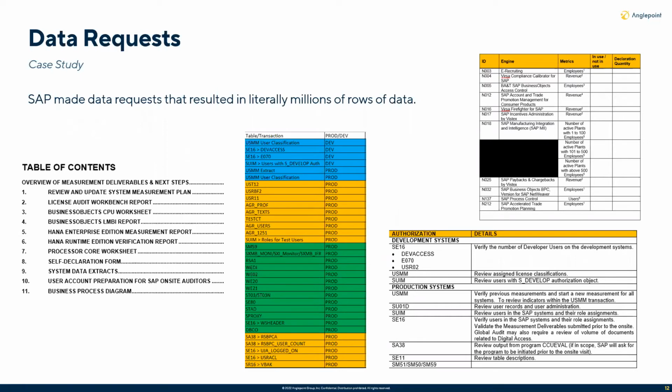So granted, not all of them are tables, but the tables that were there were millions of rows. And if you take into consideration the amount of data that's behind a lot of these transactions, we're talking about millions and millions of rows of data. On the right, you can see this is an example of the self-declaration portion. It's relatively simple. It's got the IDs, the engines, the names of the engines, the metric, and then basically, is it in use or not?